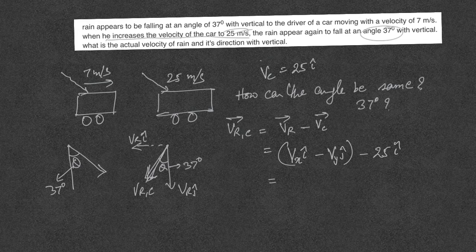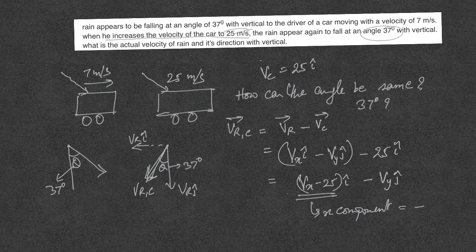So if I combine all of this in terms of i, it would be (Vx minus 25) i minus Vy j. Now, as we can see, the horizontal component is on the left hand side, so this entire x component, the horizontal component, is actually negative.